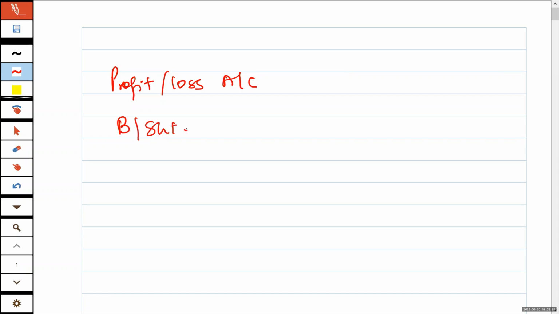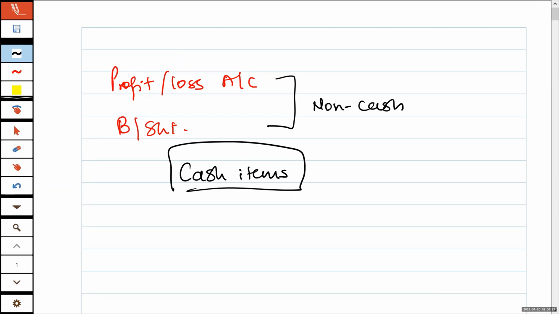Our job is to look at these two statements and remove anything that is non-cash. Because what we need to be able to do is get only cash items. So that is what we are trying to do in a cash flow statement.